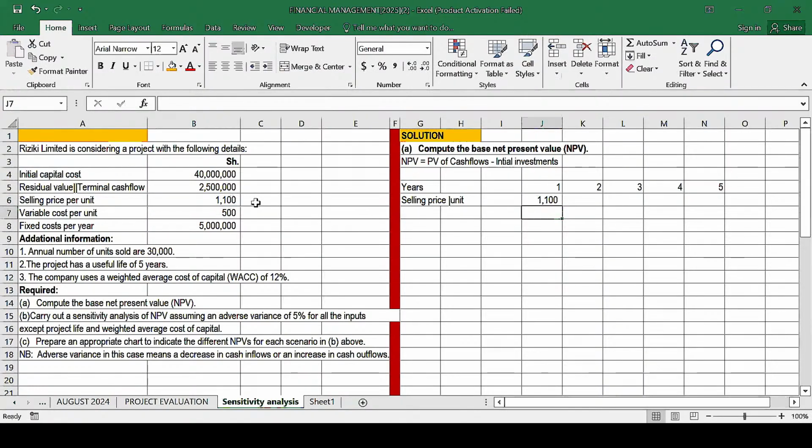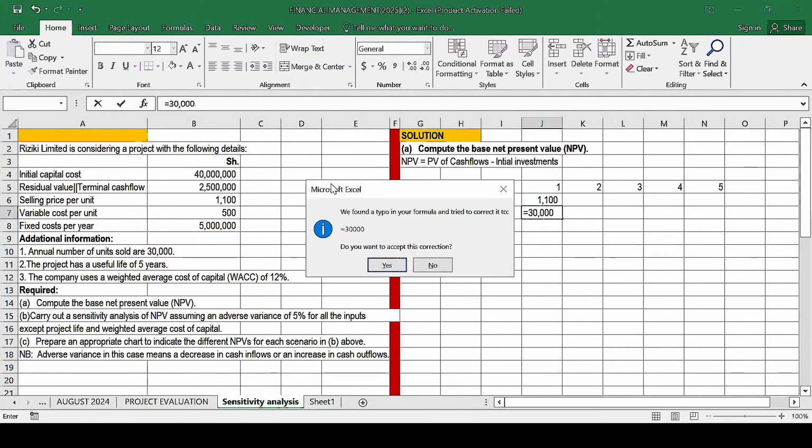This will be 1100. Is this changing? This one will not change. Then from there, we can have the sales in units. This one will be 30,000, and equally that one will not change.